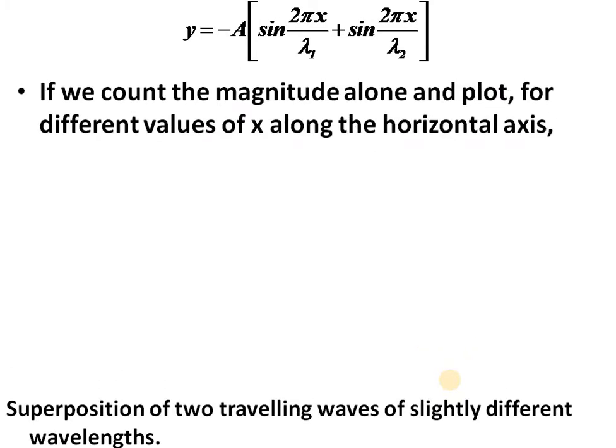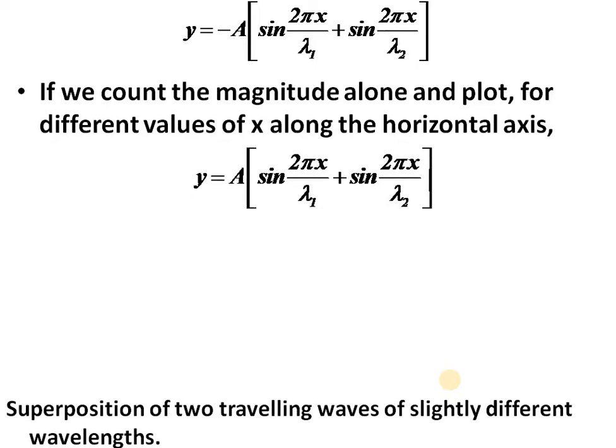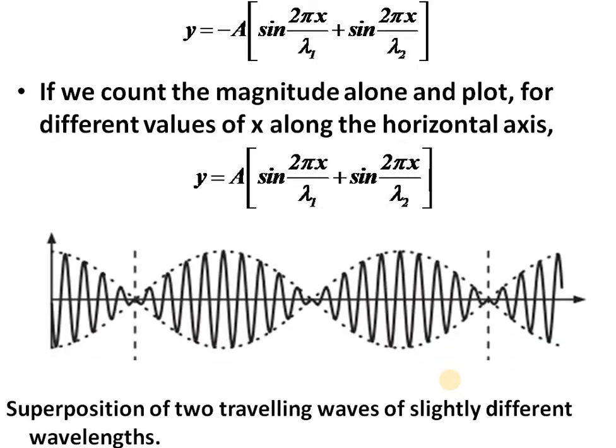When you plot this graph, what do you get? Yes, you get a plot like this. A very simple plot like this. Any one of you can do it using an Excel file. You can give some values for lambda 1, lambda 2, and A, and if you plot, you will get the y plot like this. Okay.